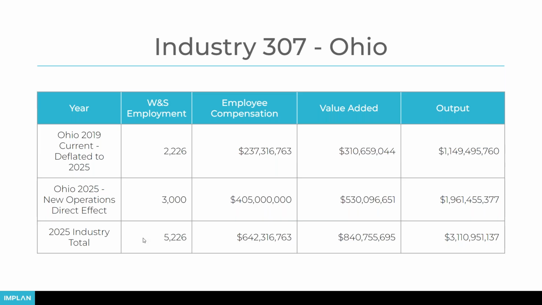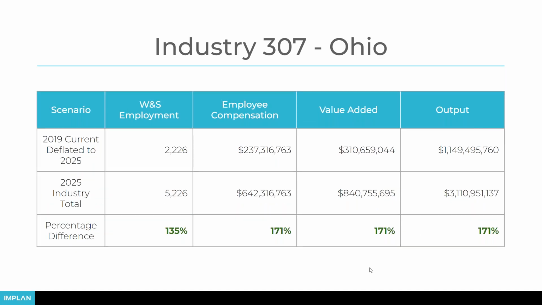We can see that these new operations more than double wage and salary employment, employee compensation, value added, as well as output. And then lastly, here we have some percentage changes from what the state of Ohio would have had in Industry 307 all else equal versus with that increase in production that we're trying to model.